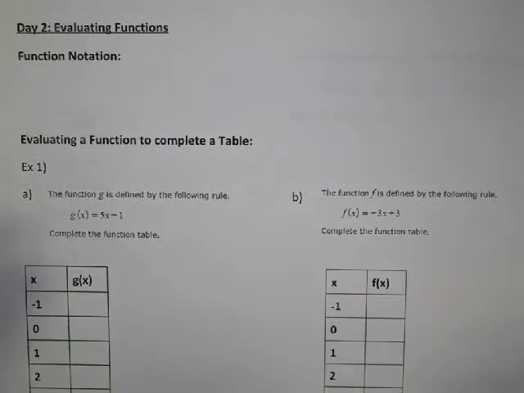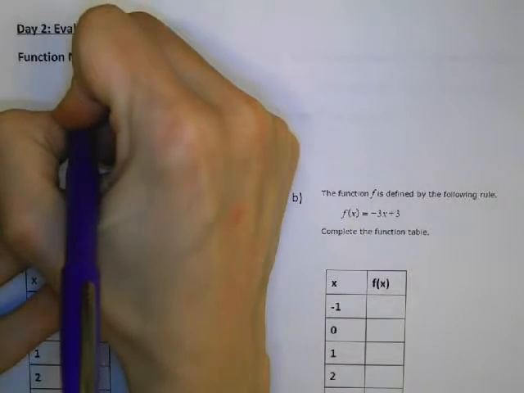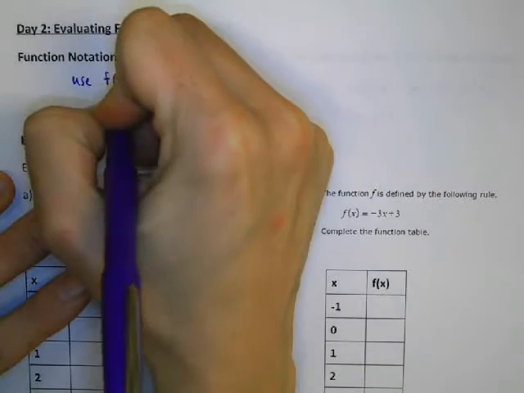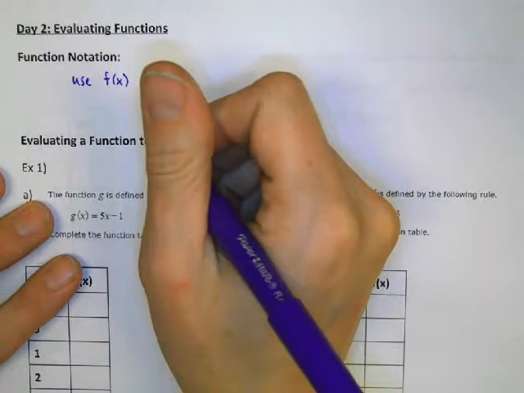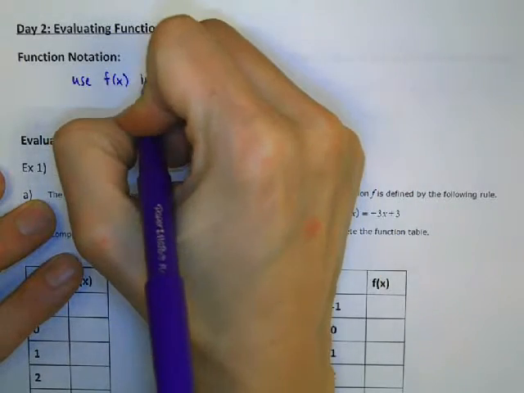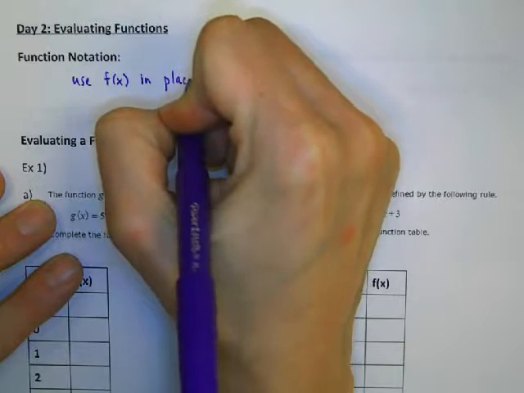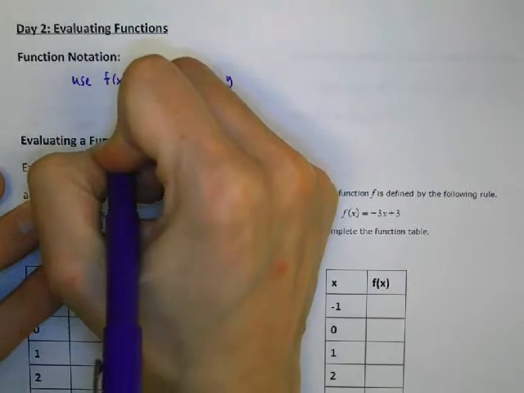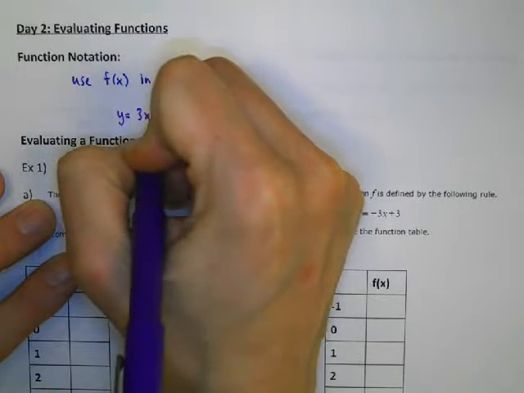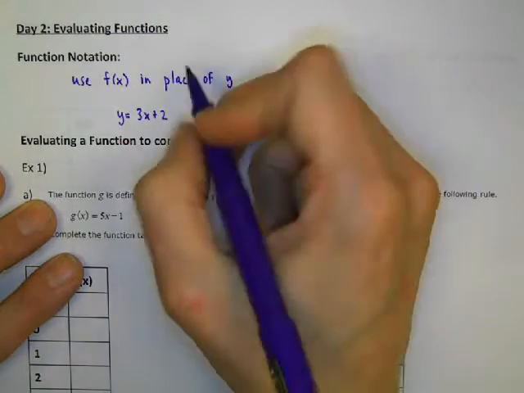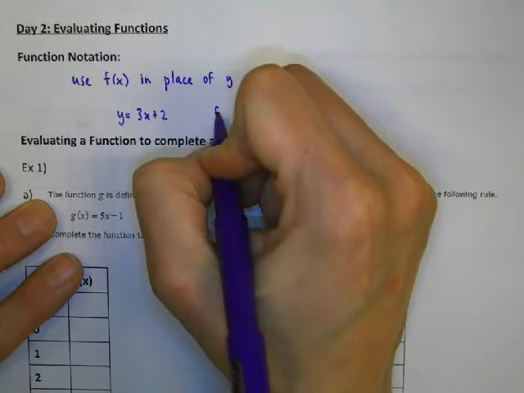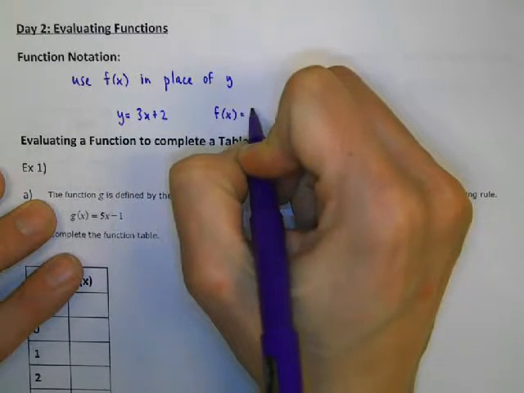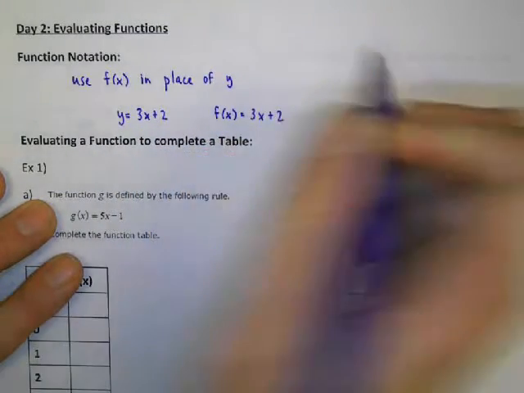So function notation, all that means is we're using the notation f of x in place of y. So for instance, where before we might have said y equals 3x plus 2, now we're just going to say instead of y, we're going to say f of x equals 3x plus 2.